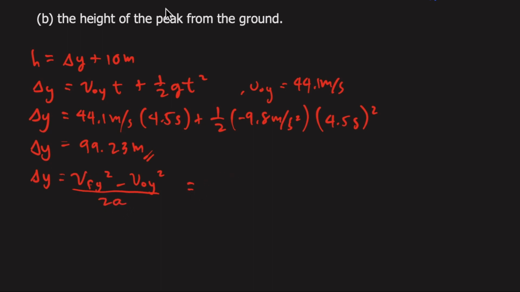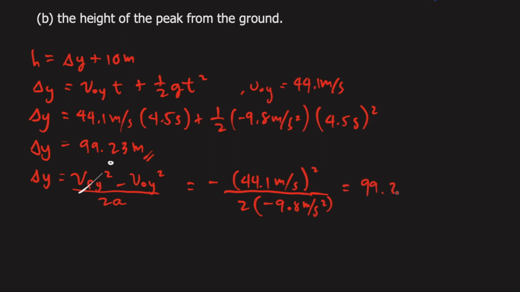Now we know that vfy is 0, so this becomes negative, our initial velocity is 44.1 meters per second, and then we square this and divide by 2 times negative 9.8 meters per second squared, and this will be equal to 99.23 meters also, which is the same as this. Okay, so this is just delta y.